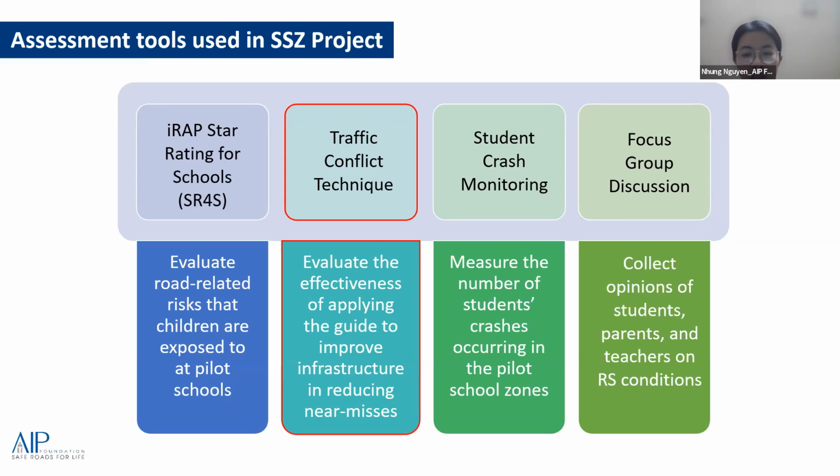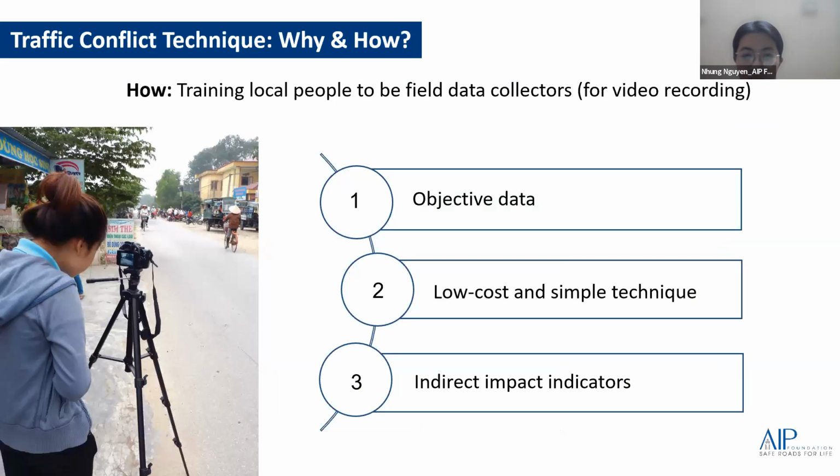We also did the student crash surveys to measure the number of crashes happening among the students at the pilot schools. And we also did the focus group discussion to gather feedback from students, parents, and teachers on the road safety conditions in the school zone after the interventions.